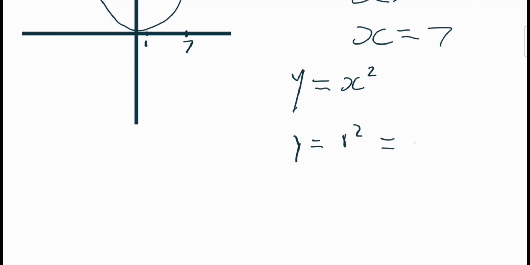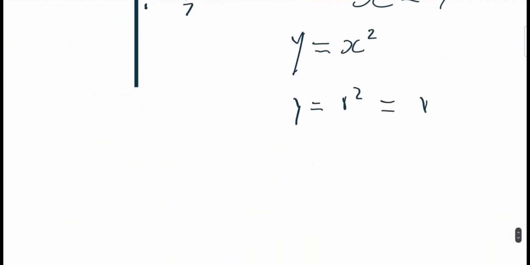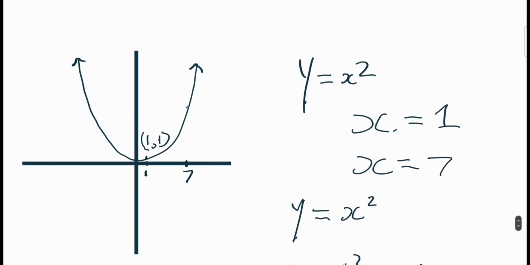So this here is going to equal 1. So that means that this point here is 1, 1. Great. Now we're going to plug in 7 this time. y equals 7 squared, which is going to equal 49. So this point here is going to be 7, 49.